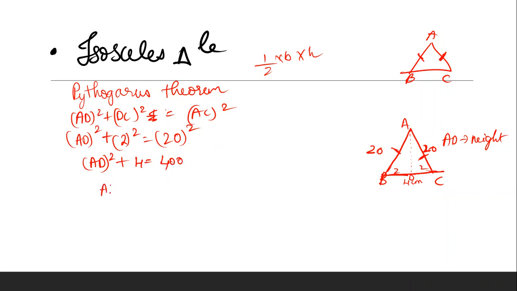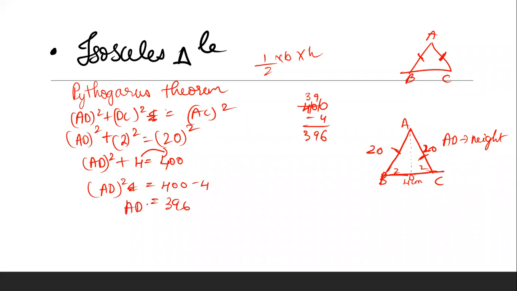Okay, so AD the whole square plus 4 is equal to 400. So AD square is 400 minus 4. How did this happen? I took 4 to the RHS. So 400 minus 4 will be nothing but 396.